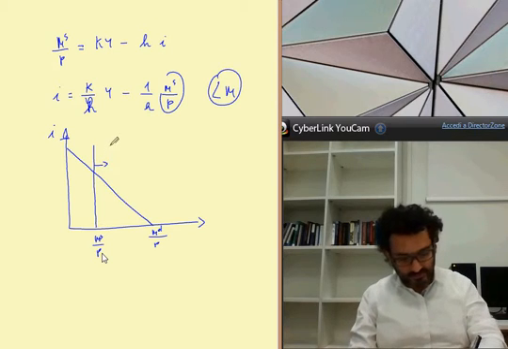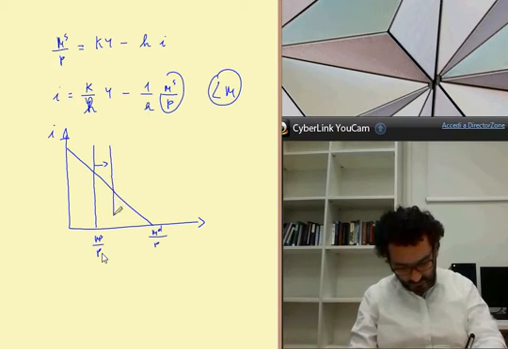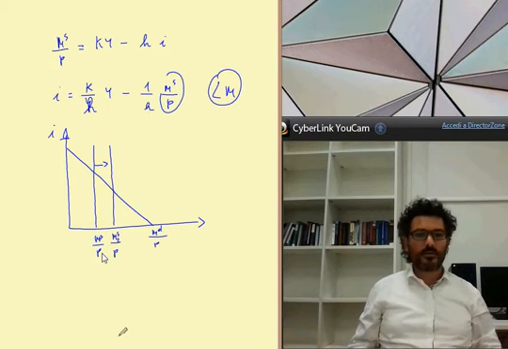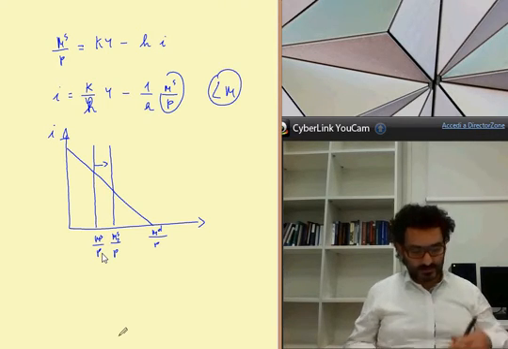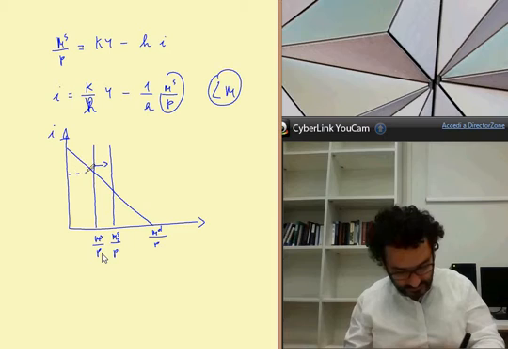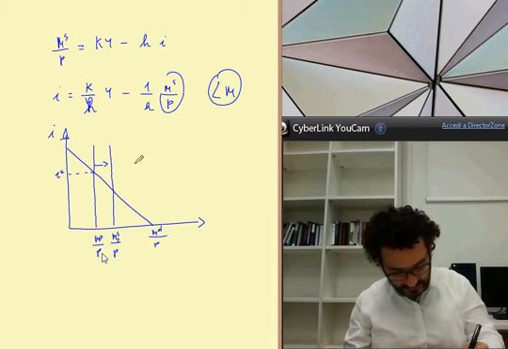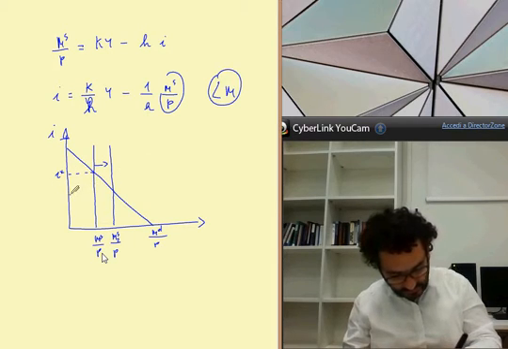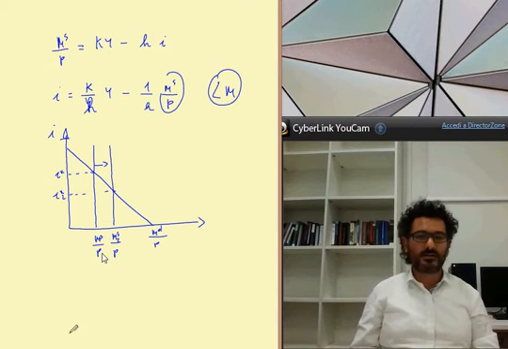This should lead to a shift to the right of the real money stock to a new level, MS2 over P, and this implies that with respect to the previous interest rate i star, the new equilibrium interest rate will be lower, equal to i star 2.